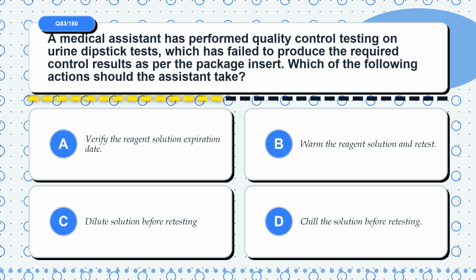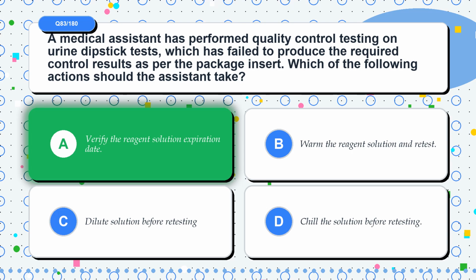Option A, Verify the reagent solution expiration date. Option B, warm the reagent solution and retest. Option C, dilute solution before retesting. Option D, chill the solution before retesting.